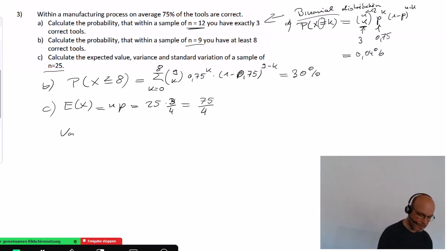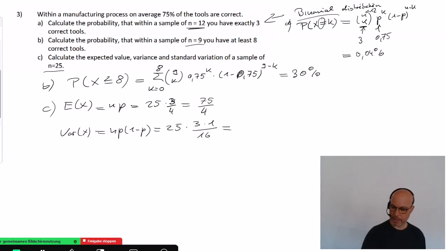And the variance, remember, there we had n times p times (1 minus p), which is 25 times 3 times 1 over 16, which is 75 over 16.